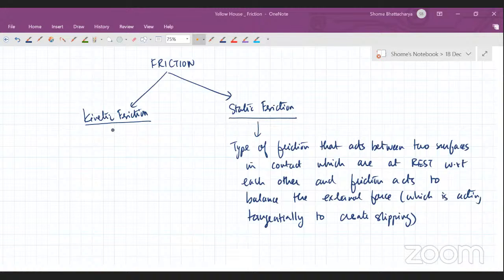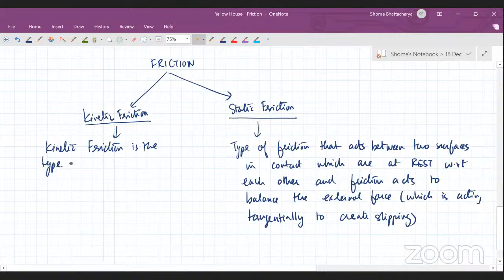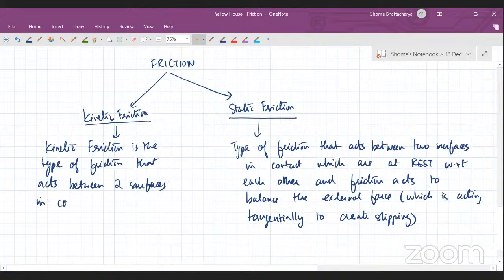Whereas kinetic friction is the type of friction that acts when actually slipping is taking place. Okay, so kinetic friction is the type of friction that acts between two surfaces in contact, okay, and slipping with respect to each other.